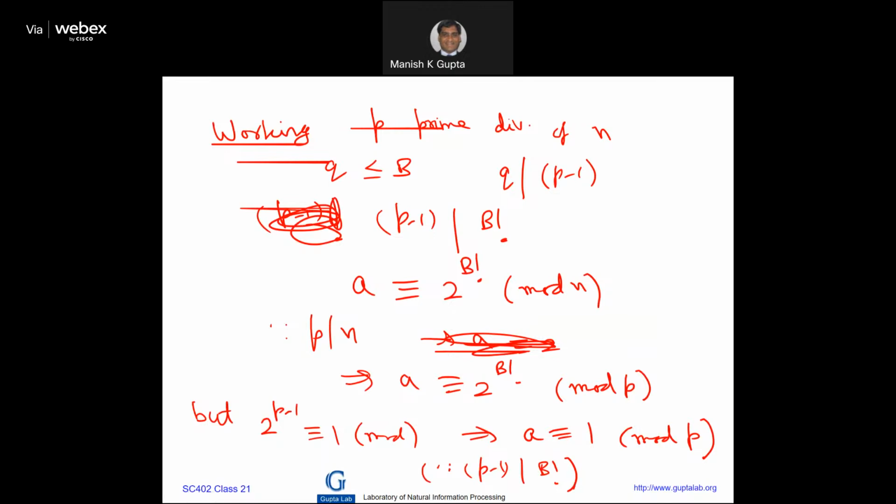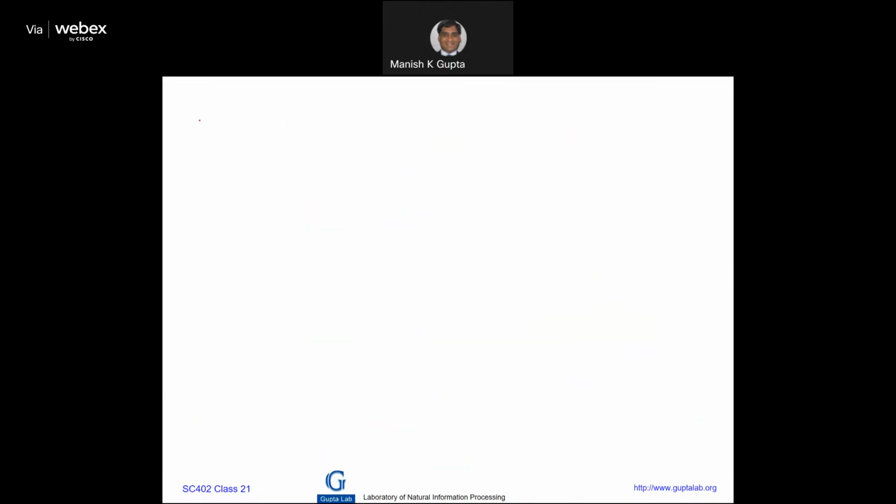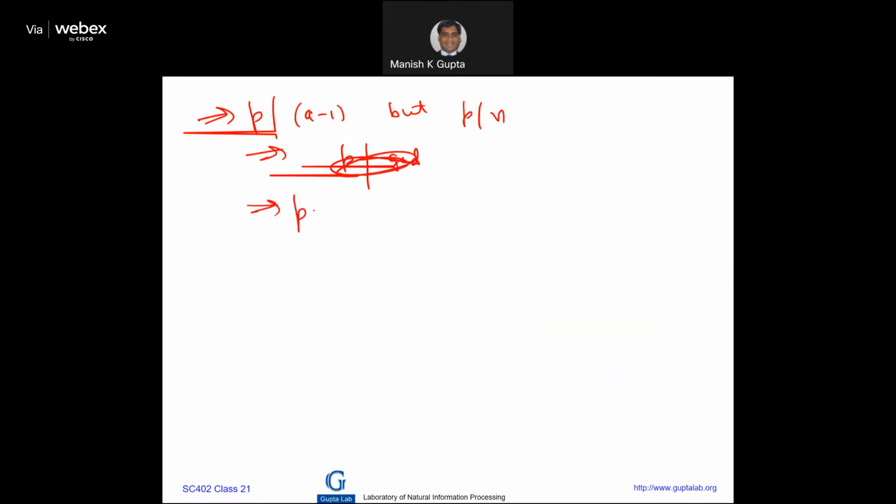Of course, there are many conditions. So this will imply that p divides a minus 1, but p divides n. This implies that p divides the GCD of a minus 1 and n, which is nothing but d. So d turns out to be a divisor of n.